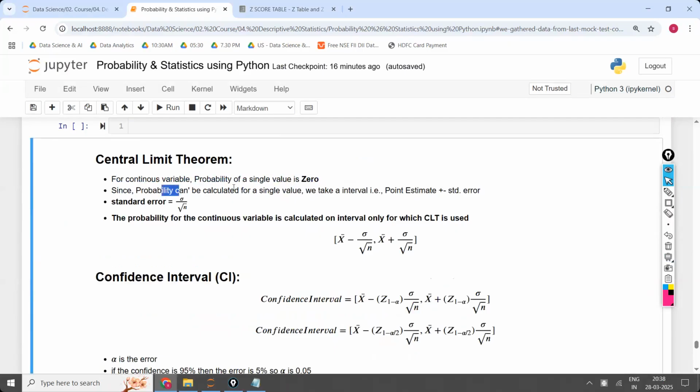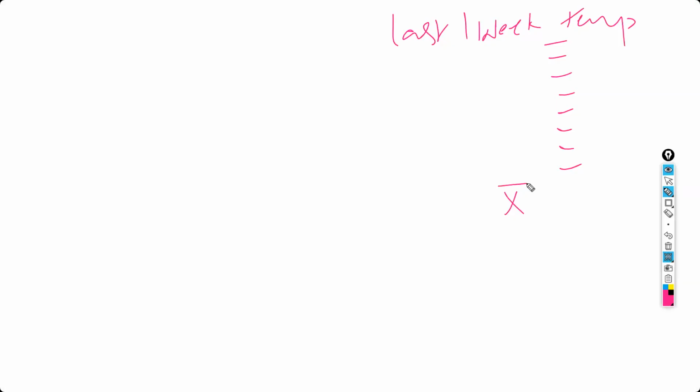Since probability cannot be calculated for a single value, we have to take an interval, and that is nothing but point estimate plus or minus standard error. As I told you, if I have given you the last 1 week's temperature, what would be tomorrow's temperature? By default you say the mean, which is a single value, called a point estimate.